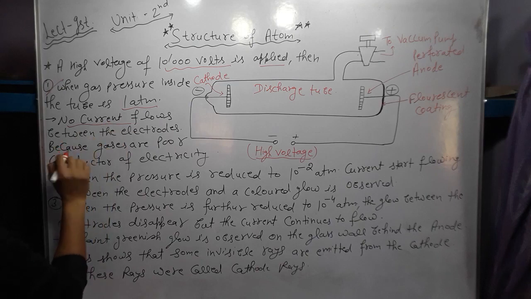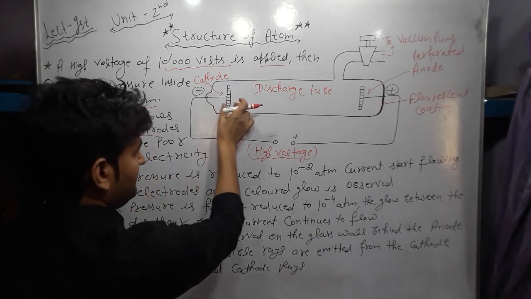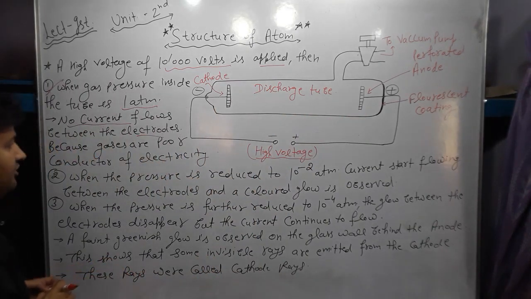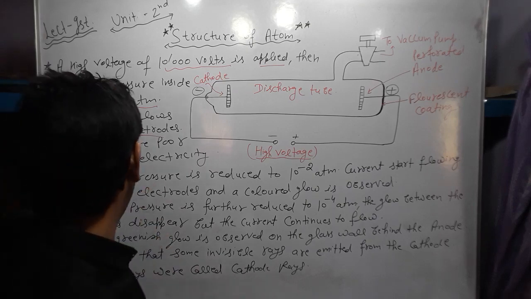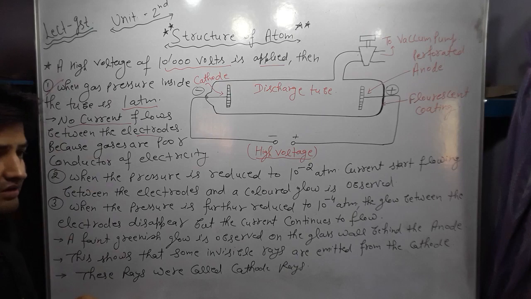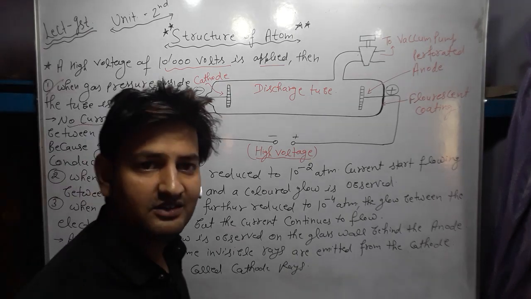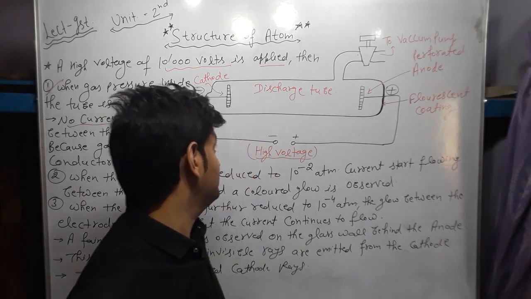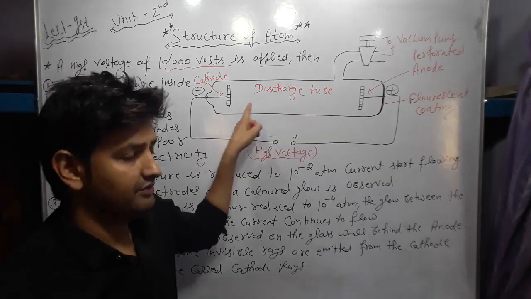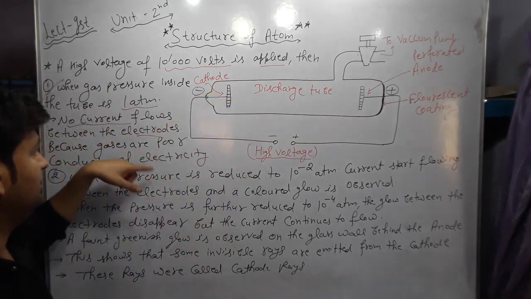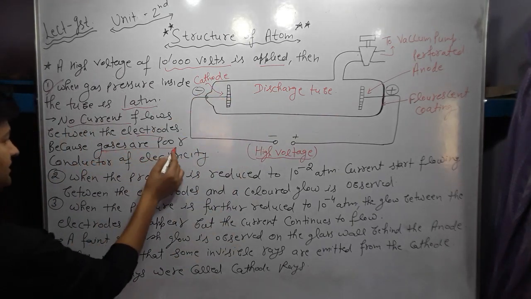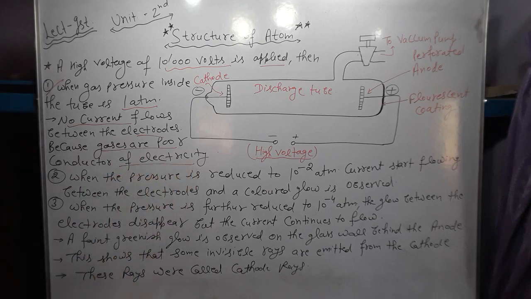No current will flow between the electrodes. This is the cathodic electrode and this is our anodic electrode. Why does no current flow? This is because gases are poor conductors of electricity, so no current flows between the electrodes when the pressure is equal to atmospheric pressure.